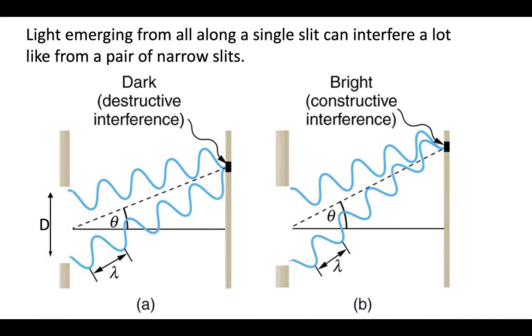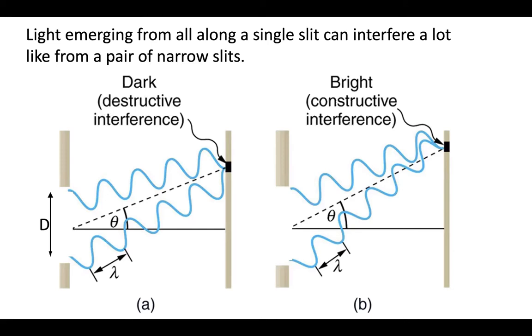But despite that, it turns out that the basic results you get are very similar. That is, whether you get destructive interference or constructive interference basically is determined by the ratio of the wavelength of the light to the size of your single aperture.